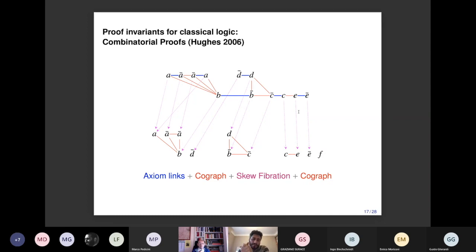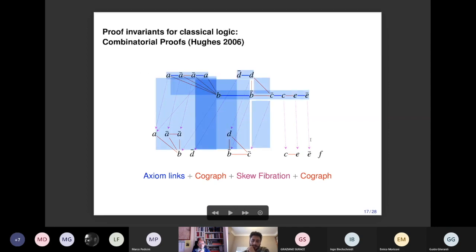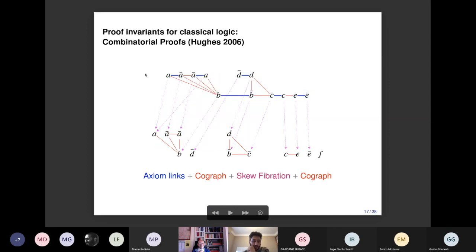And the result is that we identify all the rule permutations, but also something more, which is a little detail. Another thing is that this syntax represents cut-free proofs. However, there are some combinatorial proofs which cannot be sequentialized into cut-free proofs.